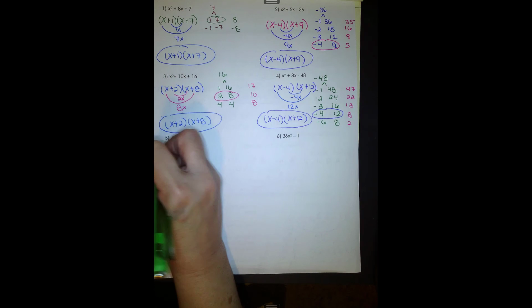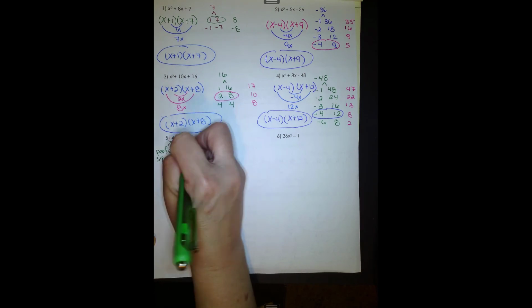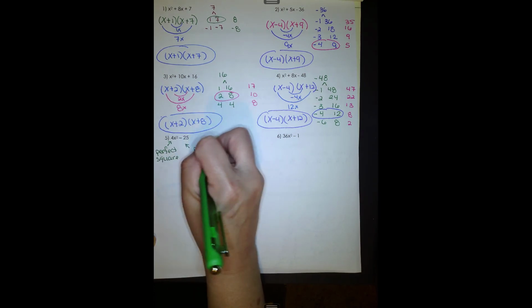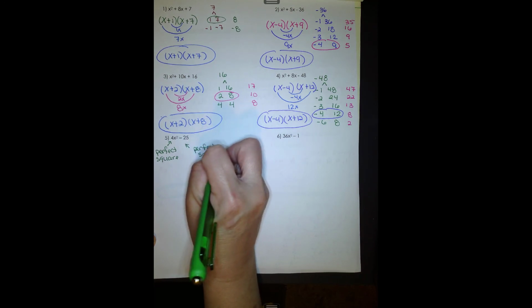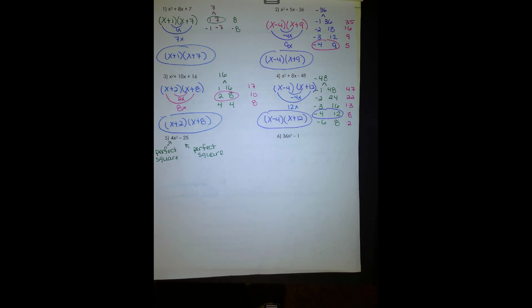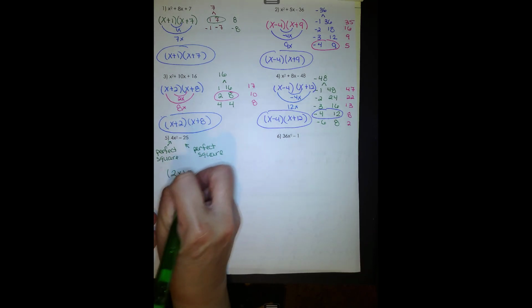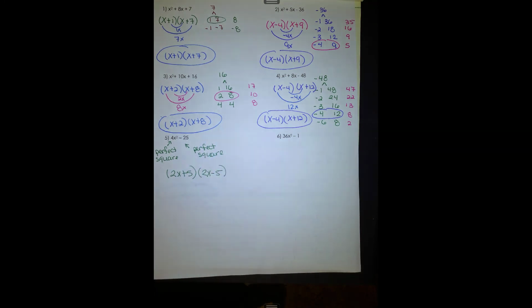This is a perfect square, and this is our perfect square. And these happen to factor into, notice there's no middle term, we are also subtracting, so that is 2x plus 5 and 2x minus 5.